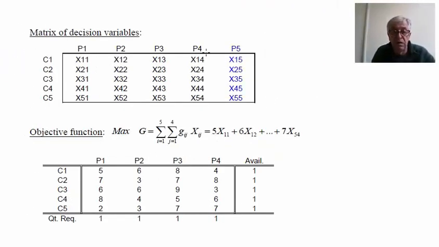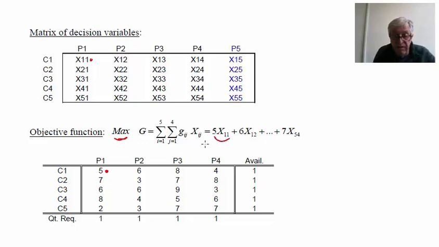So we start writing the problem considering the objective function. So the objective function is the total ability, which is obtained multiplying the ability of each candidate for each position by the allocation of each candidate, and of course we want to maximize this total ability. So for example, we can illustrate here the calculation. We have the ability of the first candidate for the first place, which is 5, multiplied by the allocation of this candidate to this place.